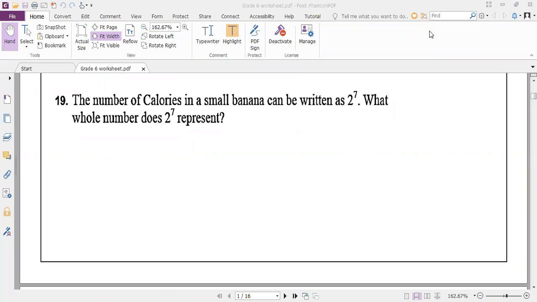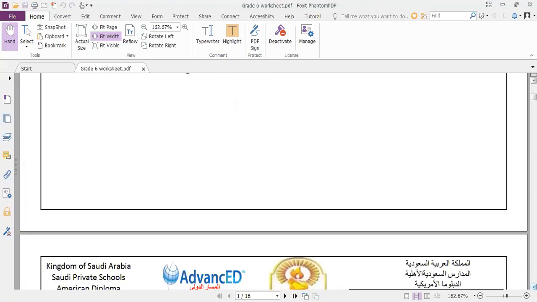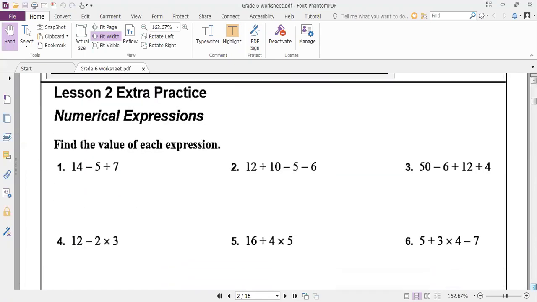So 2 power 8 is equal to 256. But 2 power 7 gives you 128. So you must know that, Muhammad. If you eat one banana, it gives you 128 calories. You understand that, Muhammad? So we need bananas so much because they give me many calories.